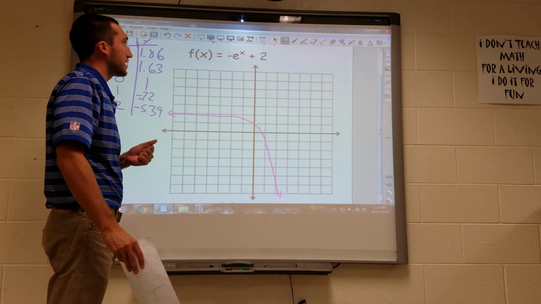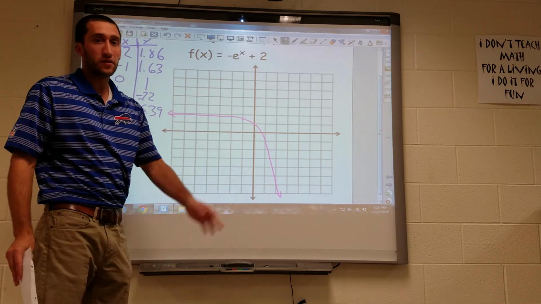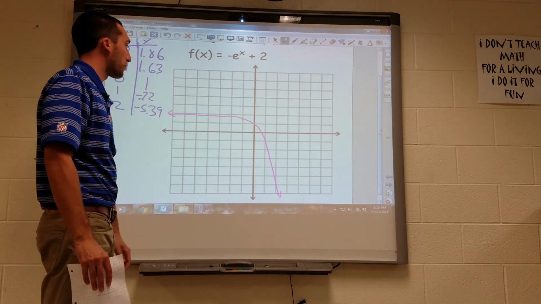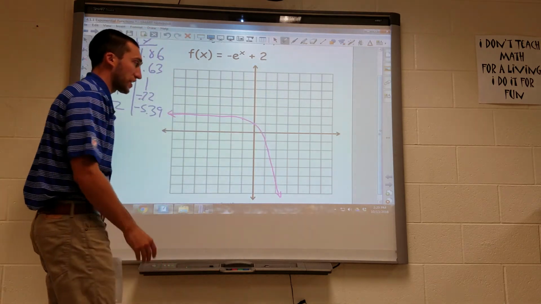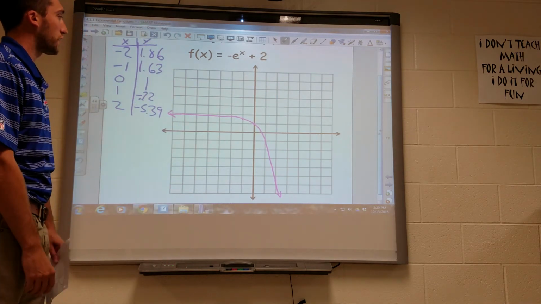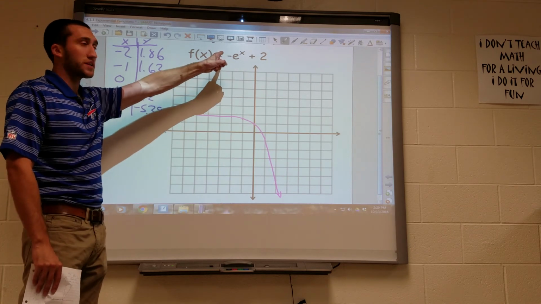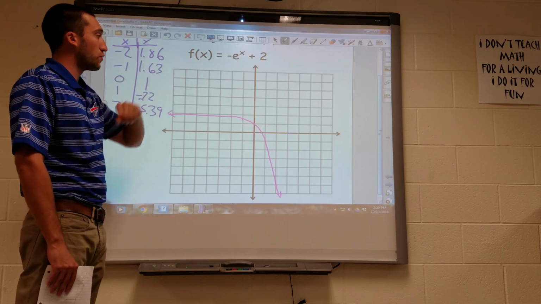It's a constant, but it's a constant with a never-ending decimal. Okay, that's all e is. It's just a number, so don't be afraid by the number. And typically it would start low and go high, just like any typical exponential function. But I flipped it over the x-axis with the negative on the outside, and then I added 2 and moved it up.